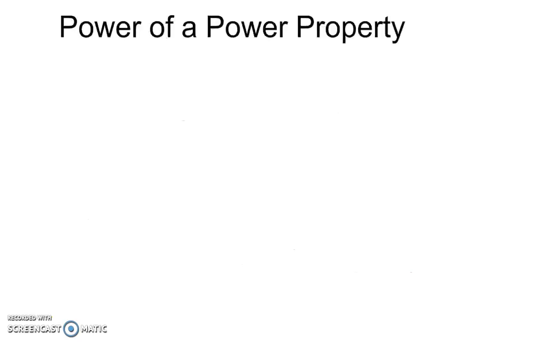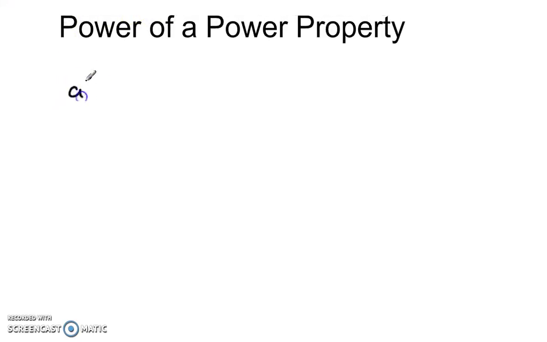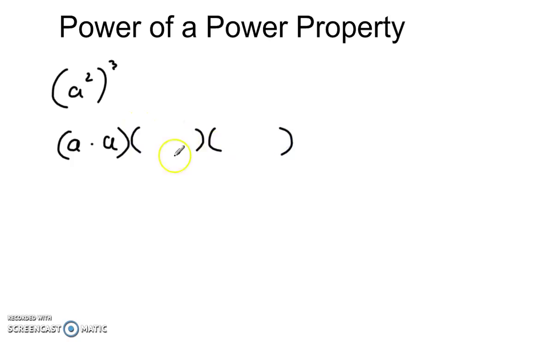Okay. Now, if we had an example that was A squared to the third power. A squared means A times A. The third power means all of this that's in parentheses is used as a factor 3 times. Now, I have 6 factors of A there, A to the 6th power.